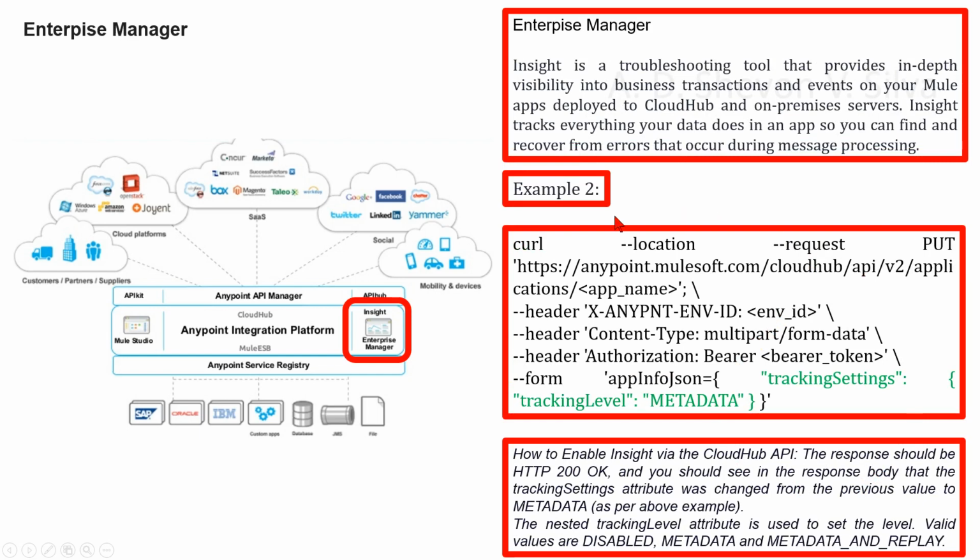As an example 2, we can consider how to enable Insight via the CloudHub API. The response should be here. The objective of this is to show how to use the CloudHub API in order to enable Insight in a Mule application.